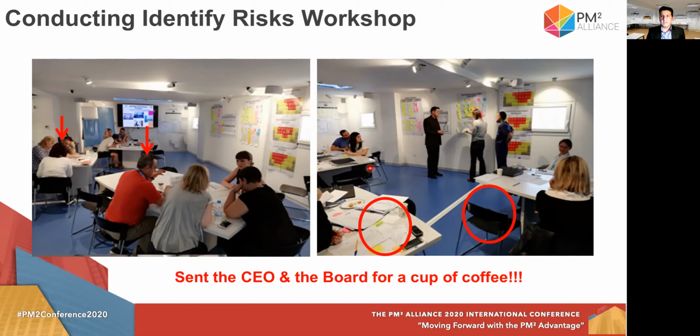Why did I do that? You can see in the right picture with the circles that the chairs are empty, because I wanted all the other team members participating in the workshop to feel relaxed and to be able to express themselves as easily as possible. I didn't want the CEO and the board member to dominate the workshop.